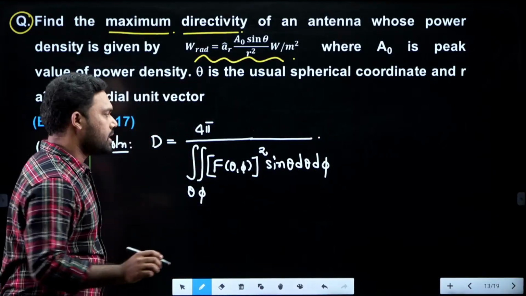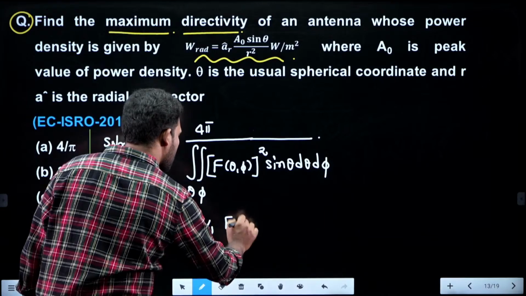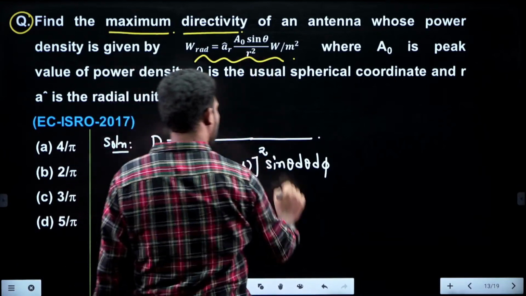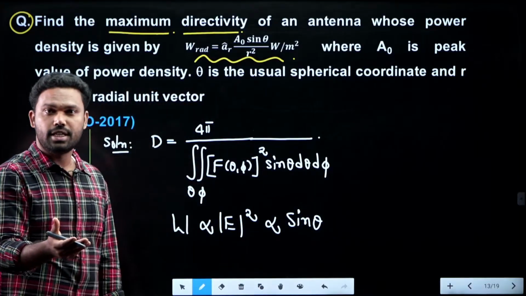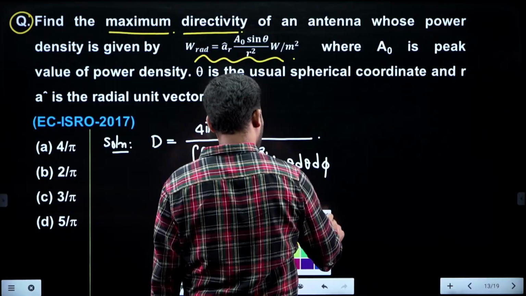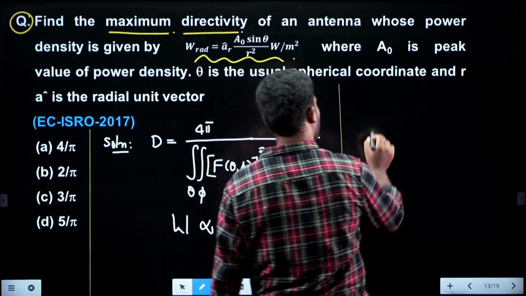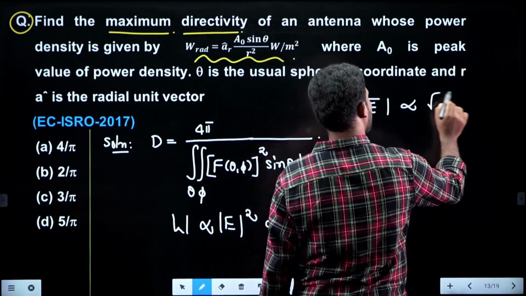See, the power density is proportional to the E magnitude square, which is proportional to sin theta. What is this f of theta comma phi? It is the normalized radiation pattern. Fine. So, you can say that E magnitude is proportional to the square root of sin theta.